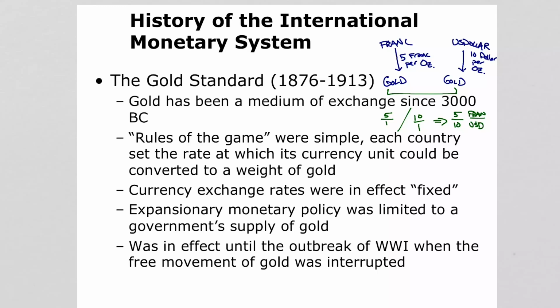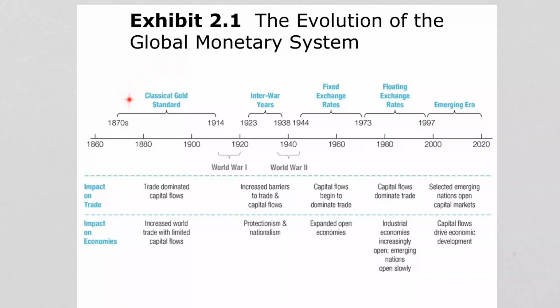Half a franc buys 1 US dollar. Or, if you want to say it's the other way, using 1/x, 1 franc buys 2 US dollars. So since each currency was fixed to the rate of gold, currencies were effectively fixed to each other. That's the classical gold standard period.